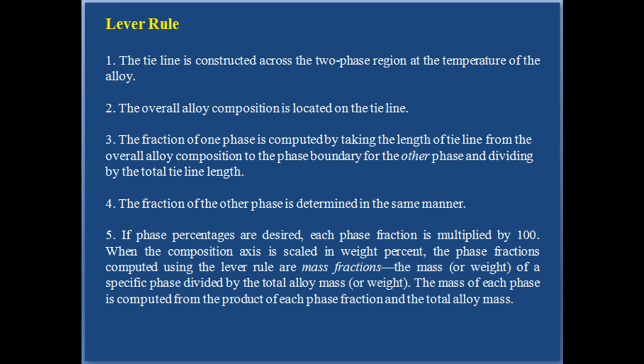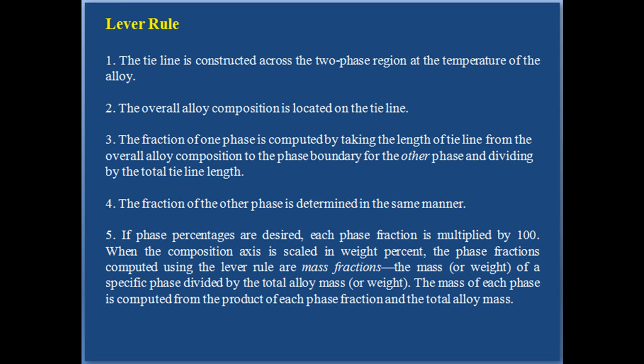Now we are going to discuss the lever rule. If the composition and temperature position is located within a two-phase region, things are more complex. The tie line must be used in conjunction with a procedure that is often called the lever rule or the inverse lever rule, which is applied as follows. First, the tie line is constructed across the two-phase region at the temperature of the alloy.